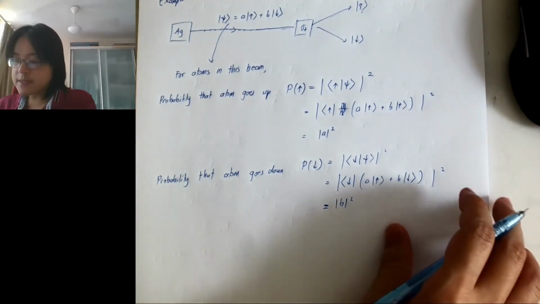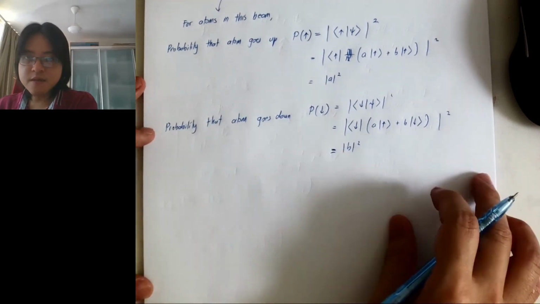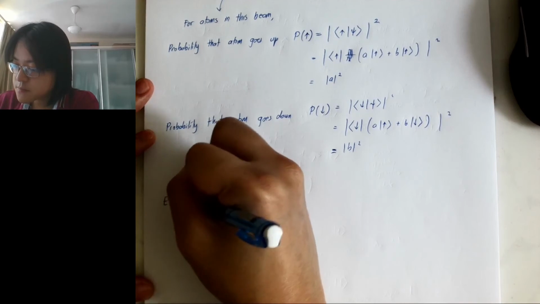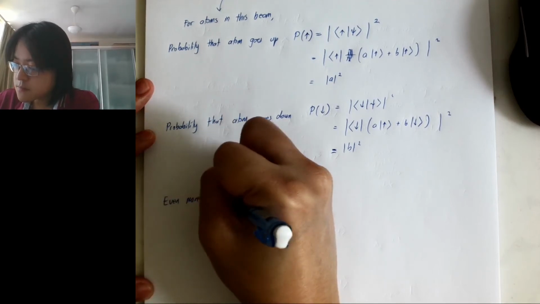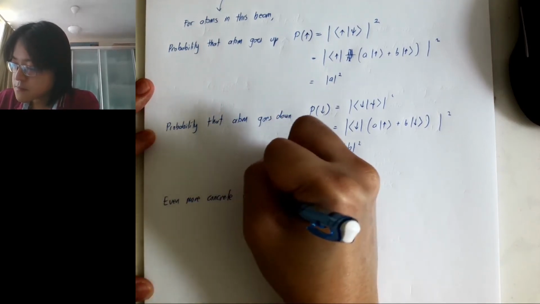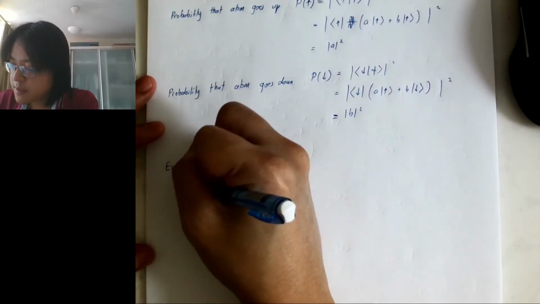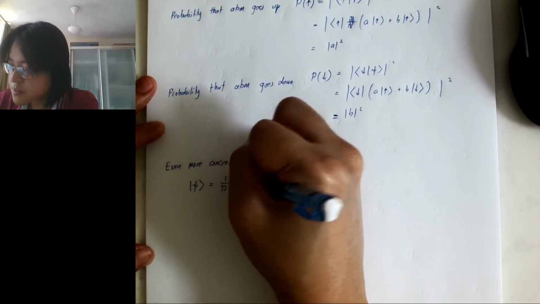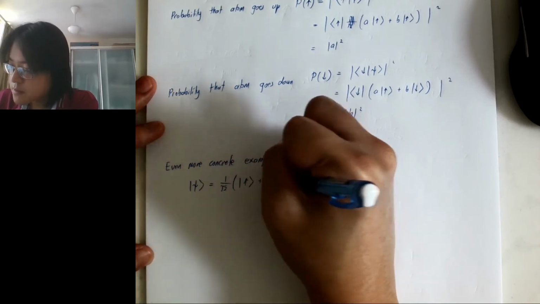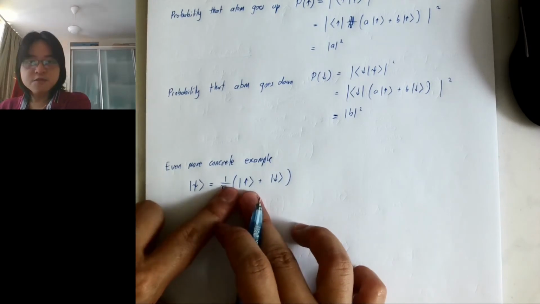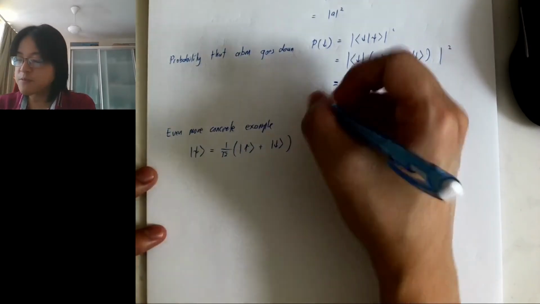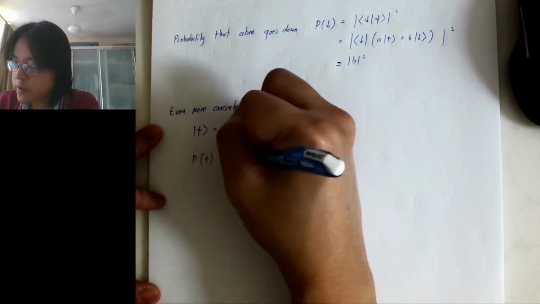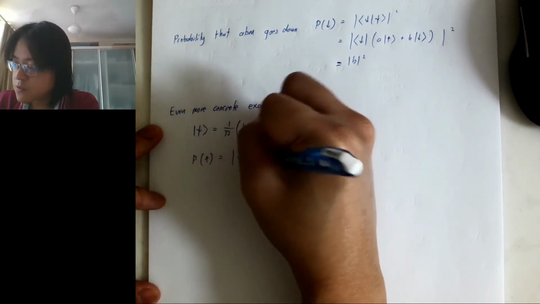Okay, then let's take another, even more concrete example, just to show you how it's going on. Let's say my atom beam is an equal superposition, so it's 1 over square root 2, 1 over square root 2. Then if I want to calculate the probability of the particle going up, I do this.